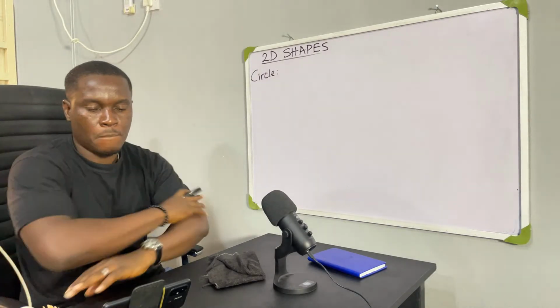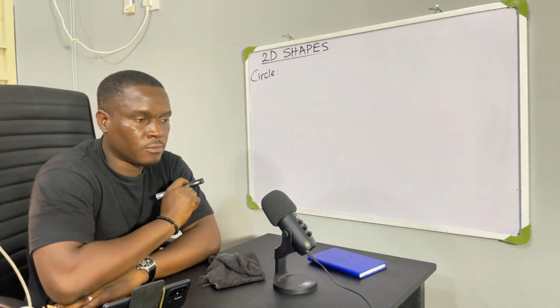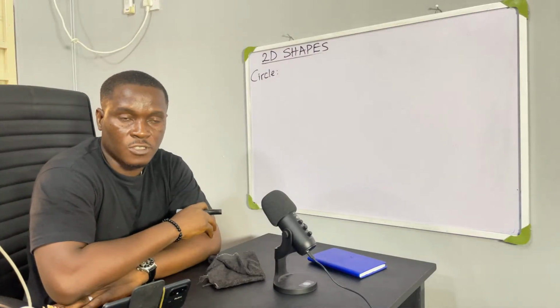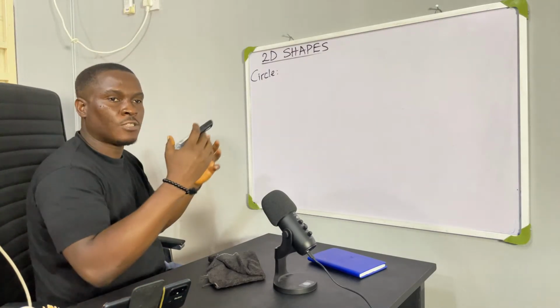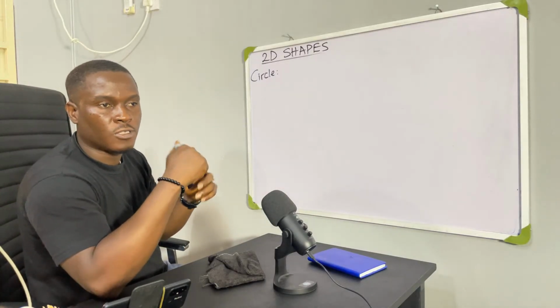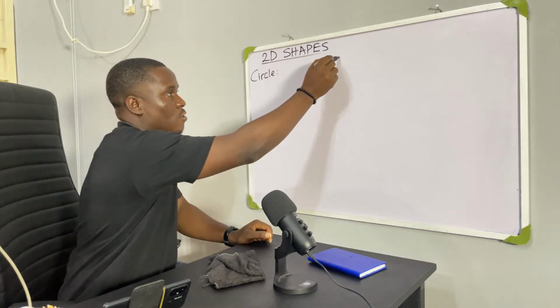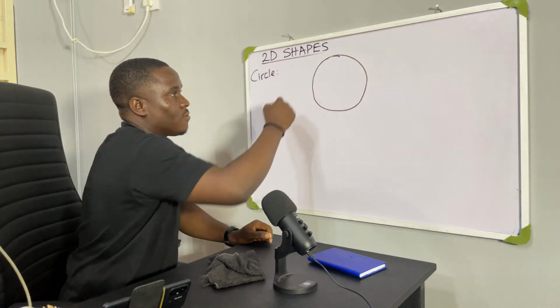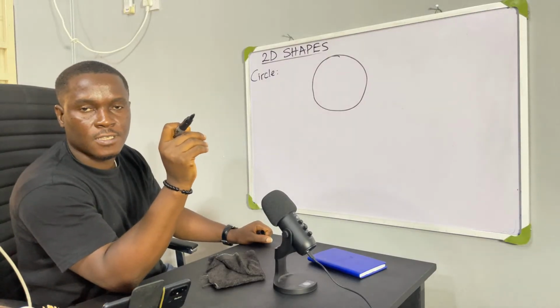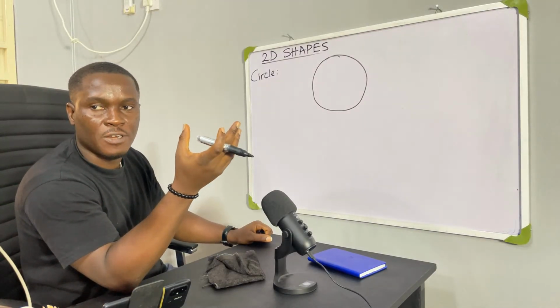So a circle is a little bit different from the other 2D shapes we've considered. The other 2D shapes are bounded by straight lines, right? But a circle is bounded by a curved line. So this affects the perimeter.